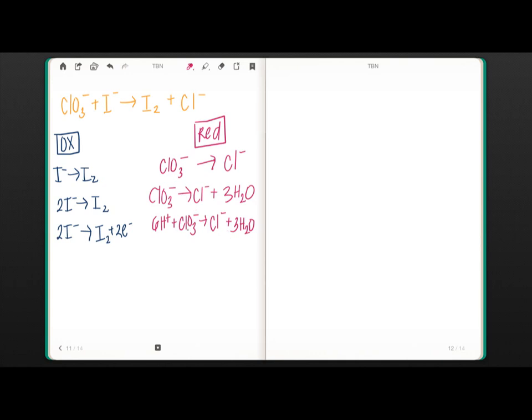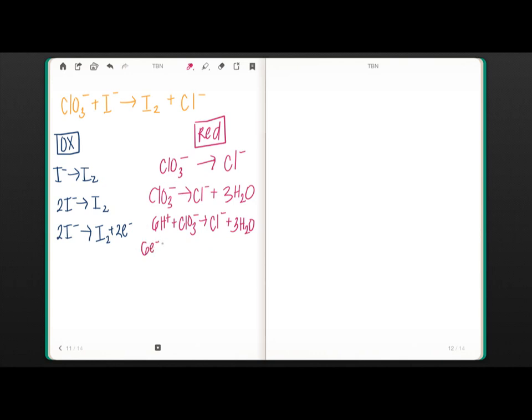So what you're trying to do is balance the charge to where the reactant is balanced with the product. So the only way to do this is to have the charge on both sides equal -1. So on the reactant side, 6 electrons need to be added.